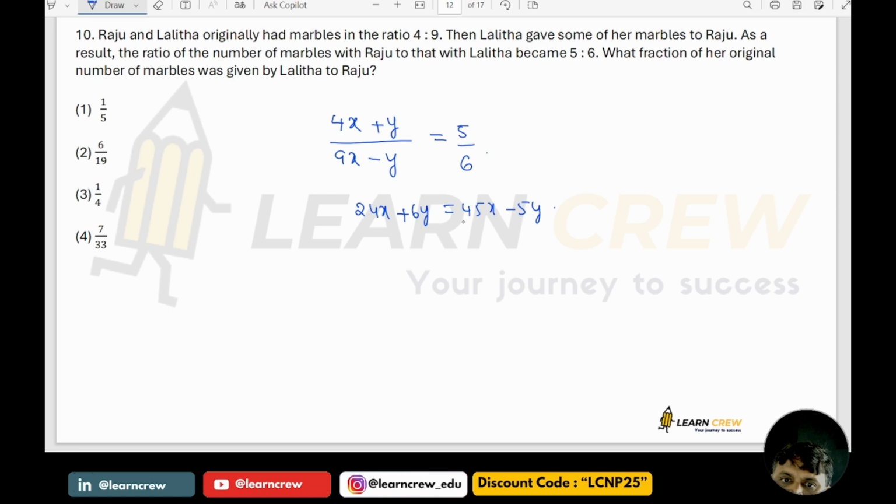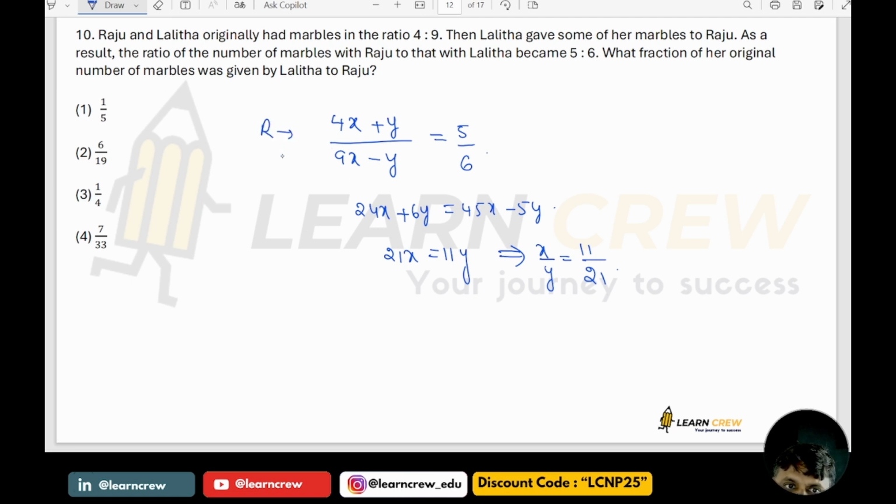So from this, 45 minus 24 is 21x. 21x is equal to 11y. That implies x by y is equal to 11 by 21. So what does it mean? Now what fraction of her original number of marbles was given by Lalita to Raju?